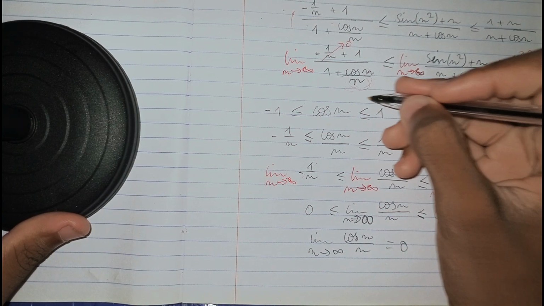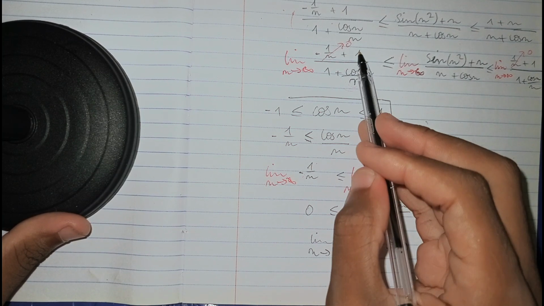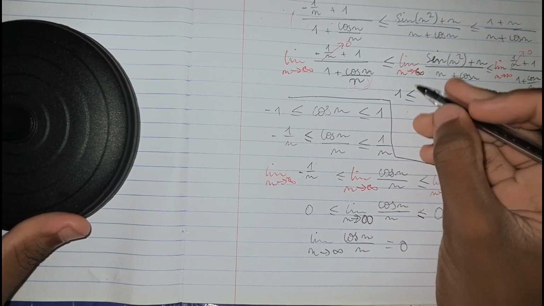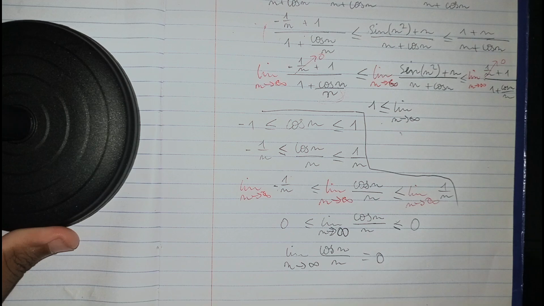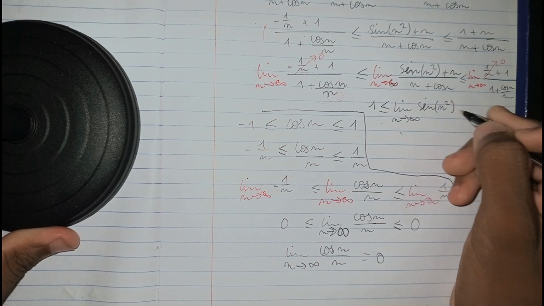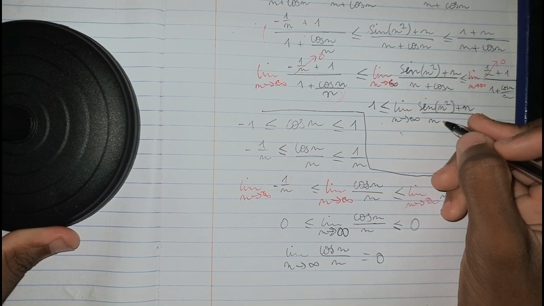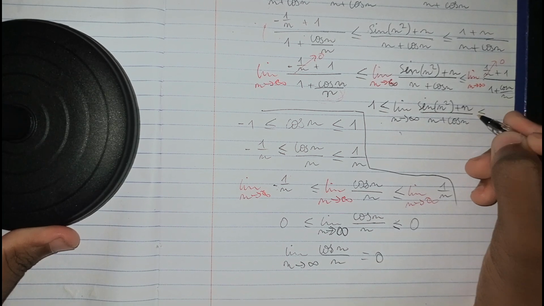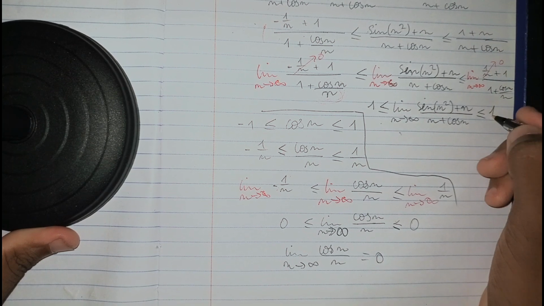So what we do, we now know that it's equal to 0, so we get 1 here. 1 over 1, it's 1, it's less or equal to this limit, when n goes to infinity, of sine of n square plus n divided by n plus cosine of n, which is less than, here we get 0, so we get 1.